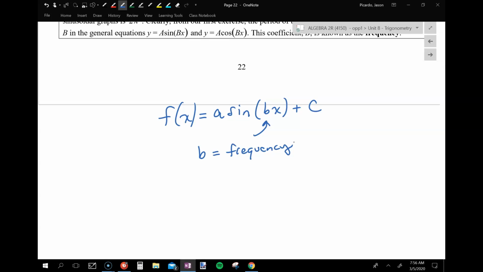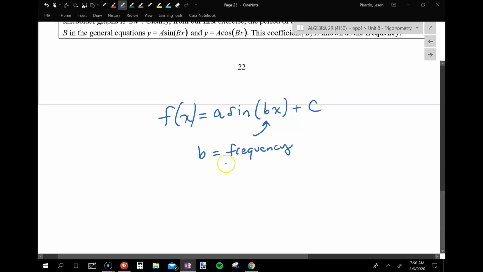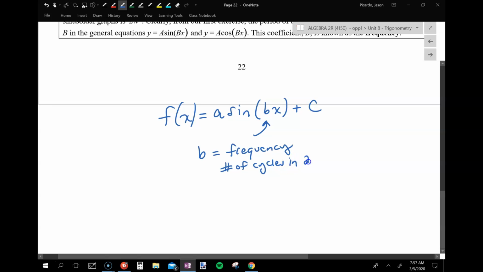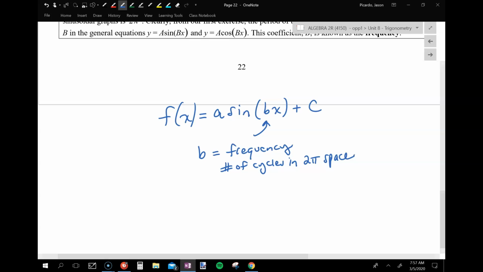The number of cycles. The frequency is the number of cycles in how much space? In 2 pi space, because that picture started at 0 and went to 2 pi. The frequency is the number of cycles in 2 pi space.